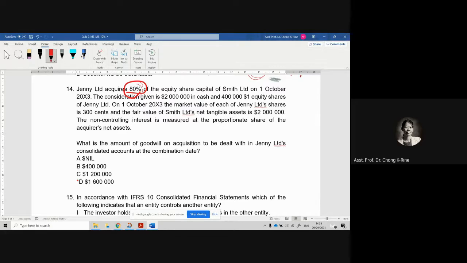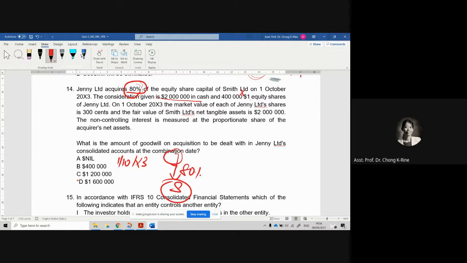All right. So the story here is just draw it. You know the question already. This morning only you did it. So the acquisition date, J acquired 80% of shares in S. And the consideration is 2 million cash, 400,000 $1 shares. So you have to multiply it, 400,000 number of shares.